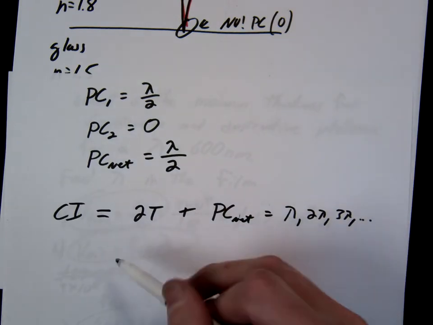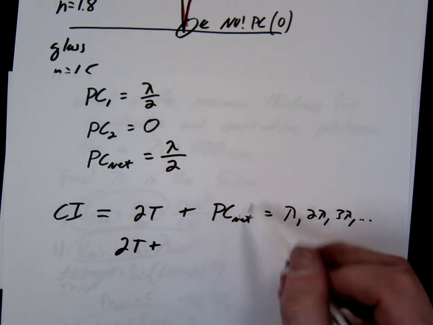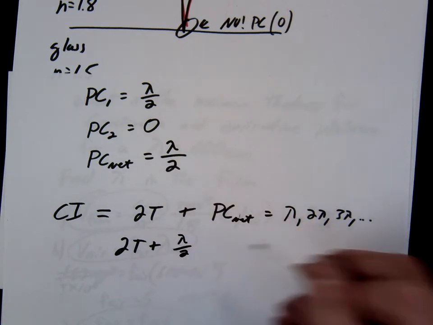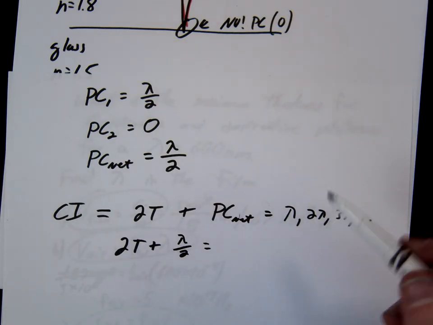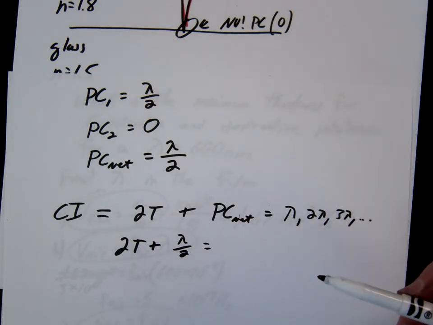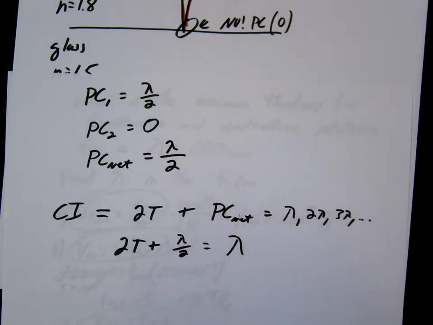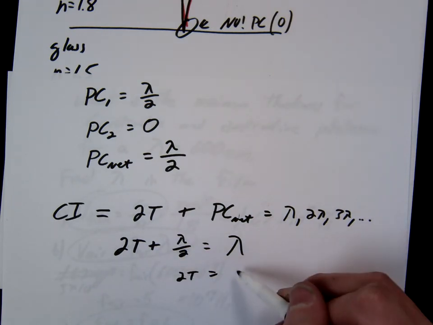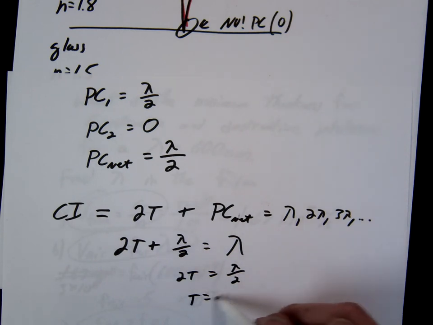So when we do this, we're going to go 2t plus, there was a net phase change, that was lambda over 2, equals, now we want the smallest. The question said what's the smallest. So you just use the first one. That's the smallest. And then that's it. Do the math. Okay, so that would be 2t equals lambda over 2. And so t equals lambda over 4.